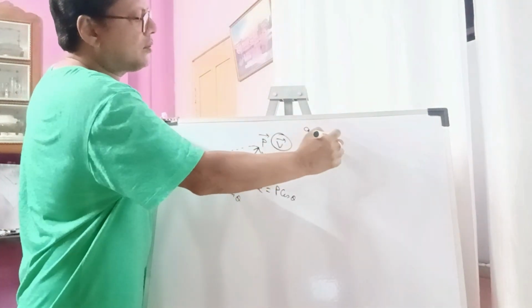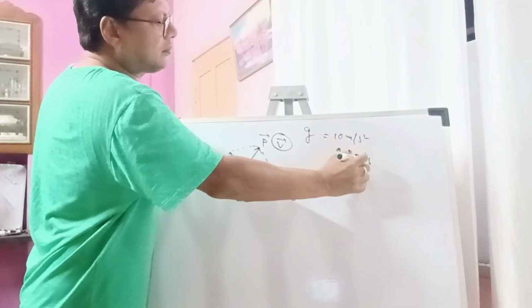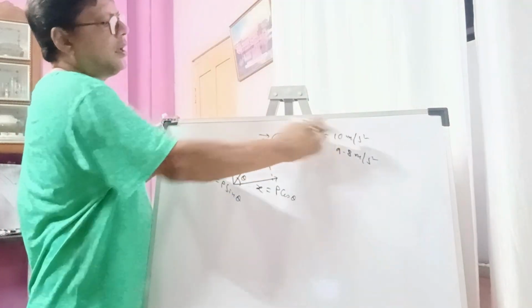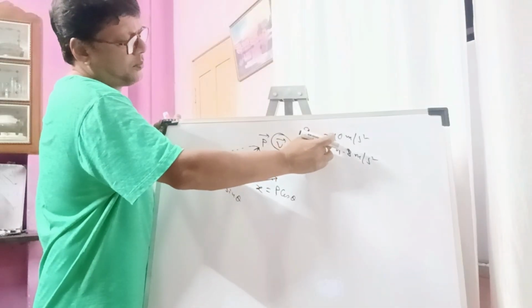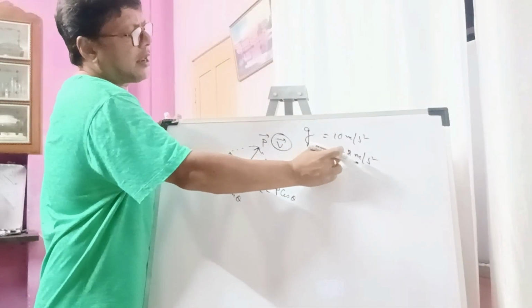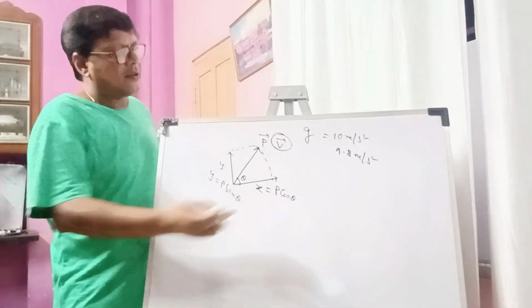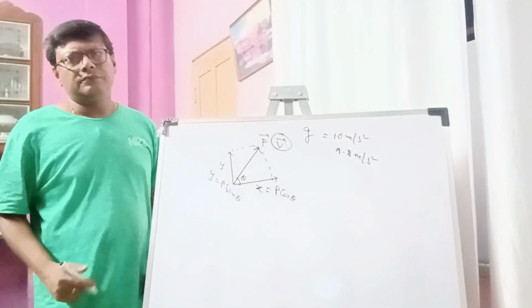The magnitude of g is 10 meter per second square or 9.8 meter per second square. In your numericals, they will provide the value. If they don't provide any value, then you have to take 9.8 meter per second square. And if they provide g equal to 10 meters per second square, then you can easily apply this value.